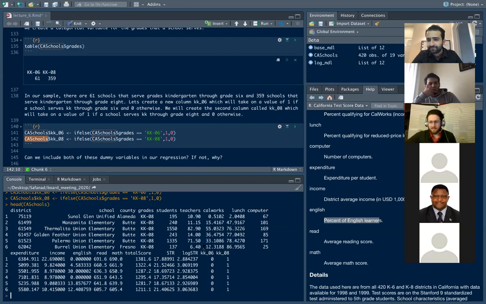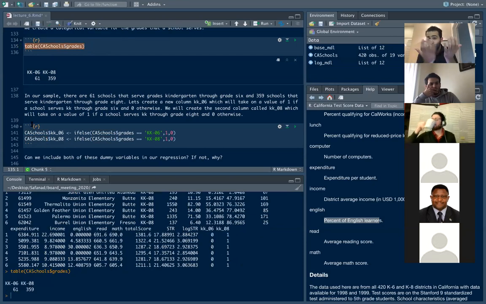Exactly. When I ran table, it's basically summarizing the entire data set. It's telling me there's only these two categories. So really, these two columns we just made are inverses of one another. Whenever KK06 is a 0, KK08 is a 1. Whenever KK08 is a 0, KK06 is a 1. They flip.